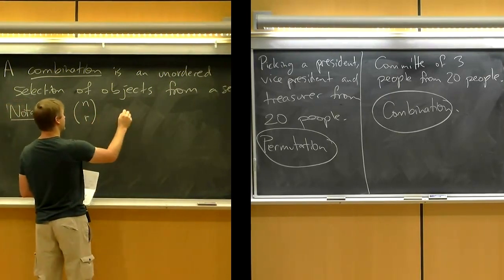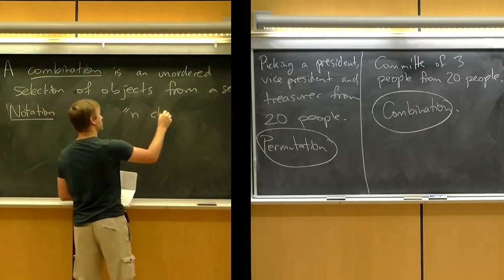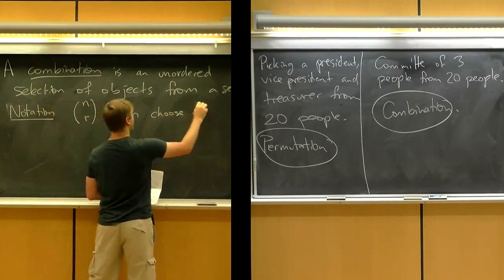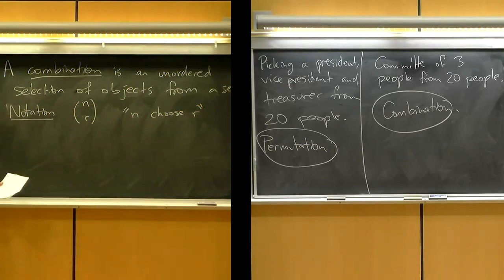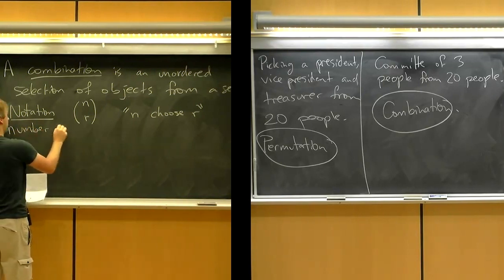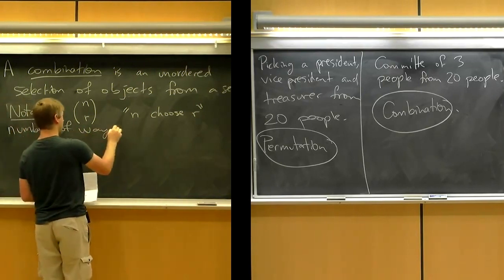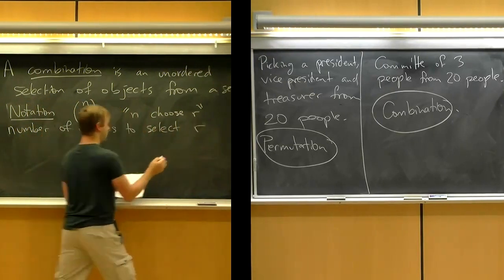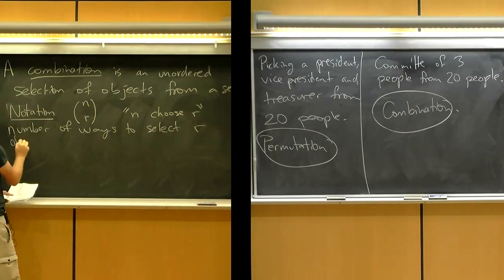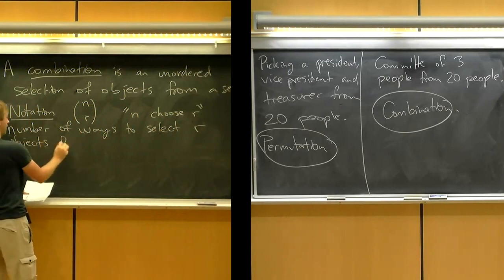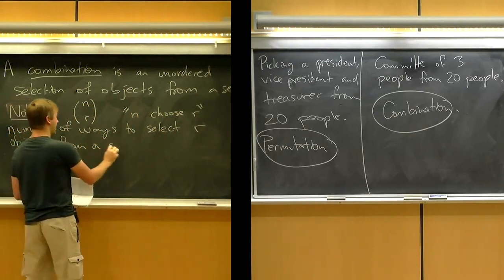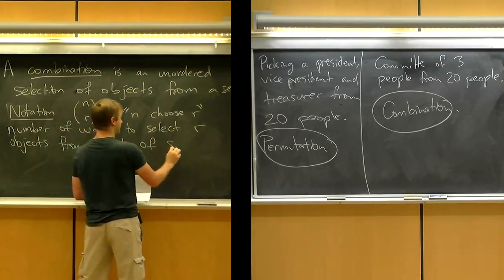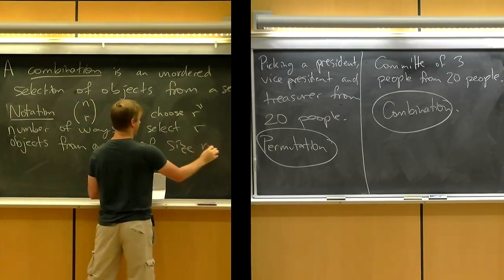The way you say this is n choose r. And it's the number of ways to select r objects from a set of size n.